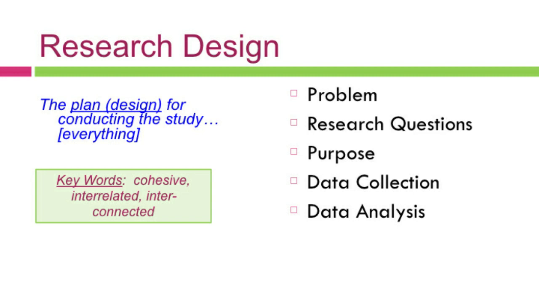And always the words that should be reverberating as you are doing your planning is that the plan should be cohesive, and therefore the items enumerated, the problem, the research questions, the purpose, your data collection, and your data analysis, they should have all strong linkages, that they all stem from the problem. So your plan or your design should be cohesive, should be interrelated, and should be interconnected.